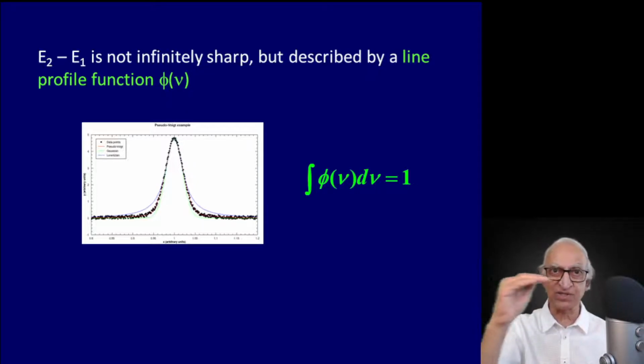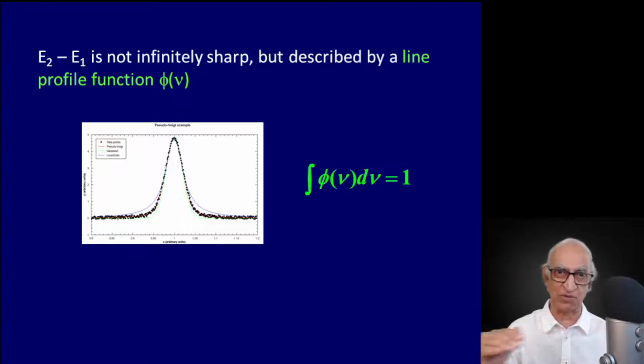Because E2 is slightly fuzzy and E1 may also be slightly fuzzy unless it is a ground state, the line that is emitted or the line which corresponds to absorption, here I've shown you an emission line, will have a certain width. And emission at any particular frequency will be related to the transition probability at that frequency. Since the total probability always has to be 1, the integral of this line profile over the frequency nu has to be equal to 1.